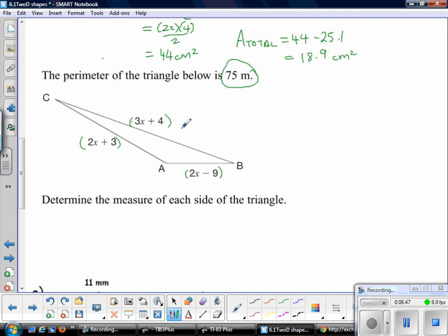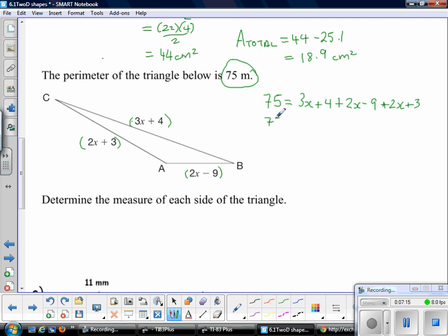So the first thing I'm going to do is 75 equals the perimeter. So I'm going to start with 3x plus 4. I'm going to add 2x plus 9, sorry, minus 9, and 2x plus 3. So we're literally taking each one of those sides and adding them together.